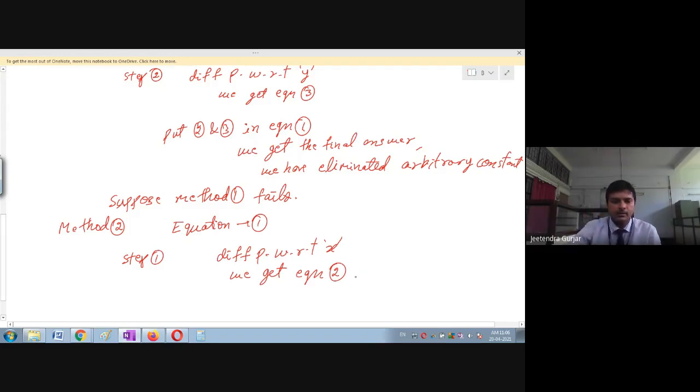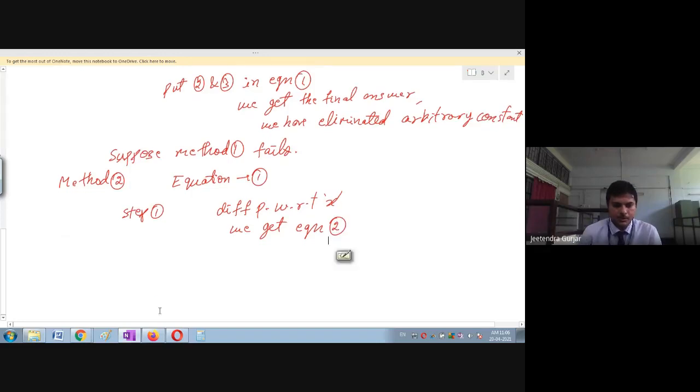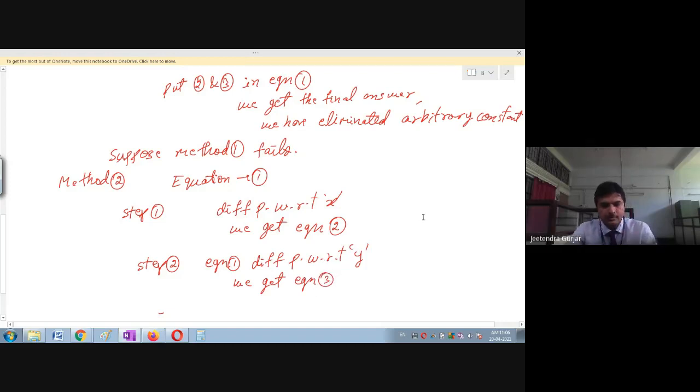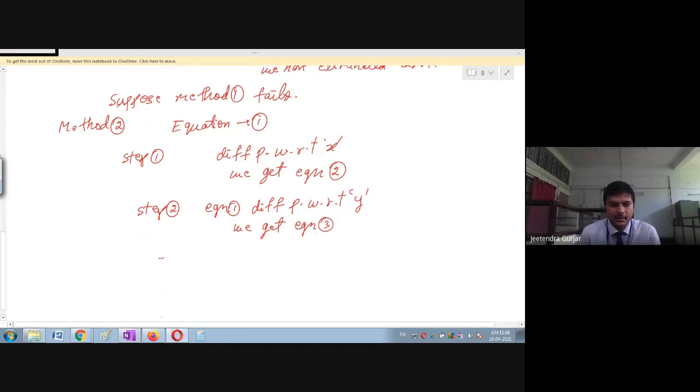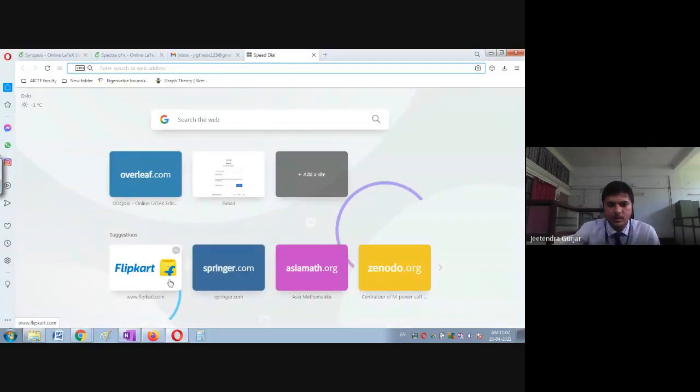Then in step 2, we take equation 1 again and differentiate partially with respect to y. It is similar. We get equation 3. Till here it is similar, but here it is going to change.